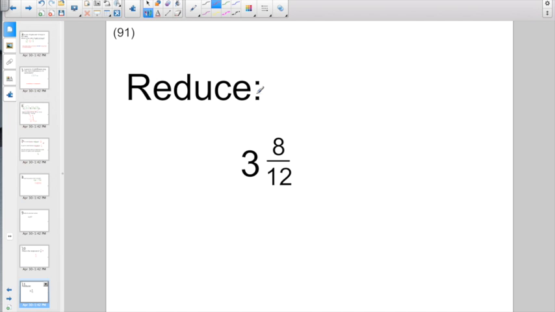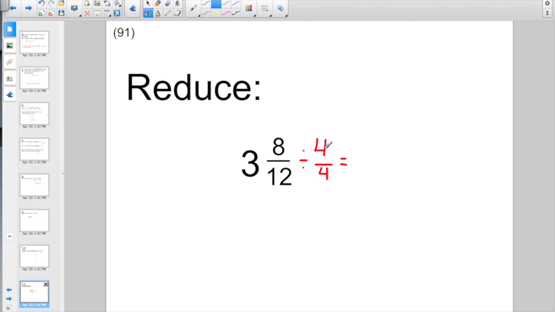Here we have to reduce. Remember, when we're reducing mixed numbers, don't even worry about the whole number until the end. We have to divide by the greatest common factor. If you pick just a common factor that's not the greatest, you're not sunk, but you're going to have to divide more than once, right? The greatest common factor here is 4. If you use 2, you'd be dividing a couple of different times.